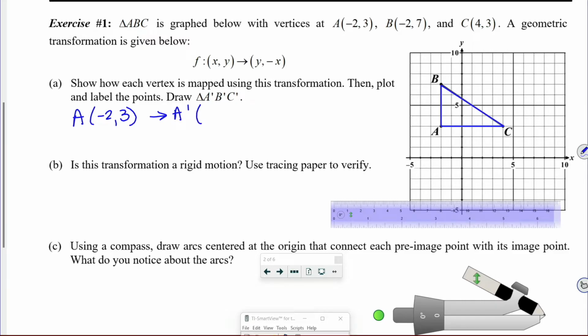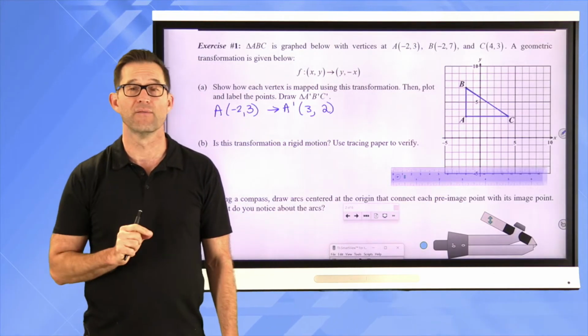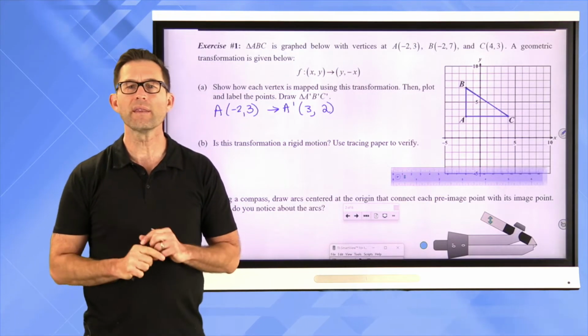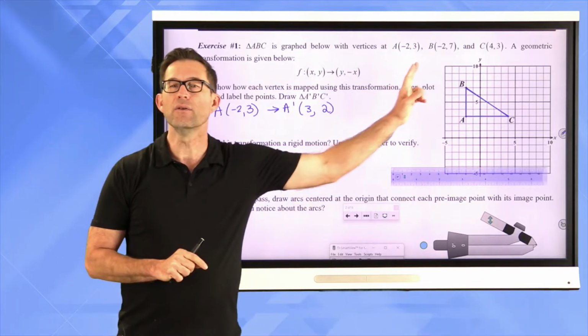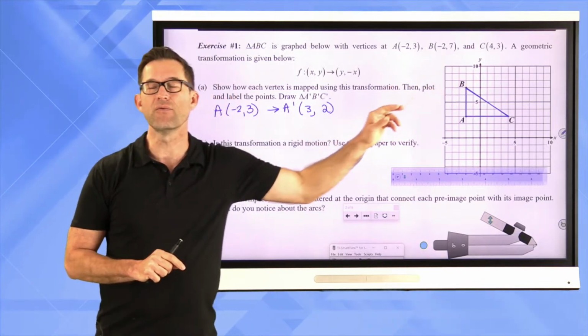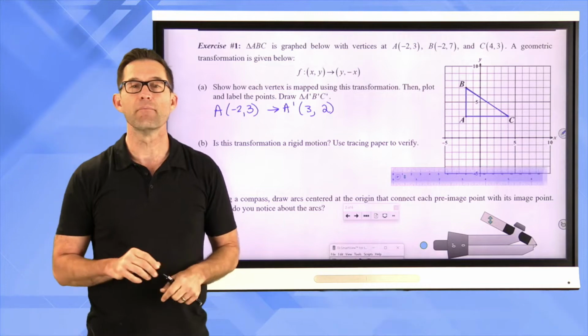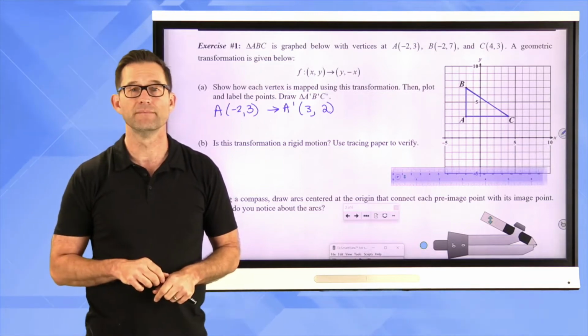Well, my new x coordinate is my old y coordinate, and my new y coordinate is the old x coordinate whose sign has changed. So A' is now (3, 2). What I'd like you to do now is run both B and C through the same transformation to get points B' and C'.